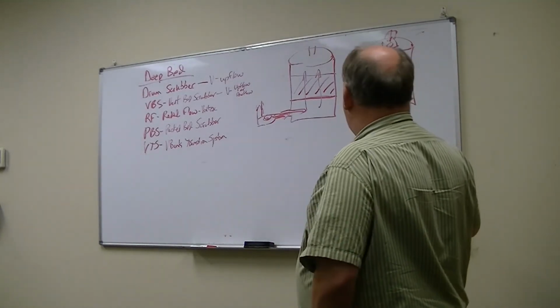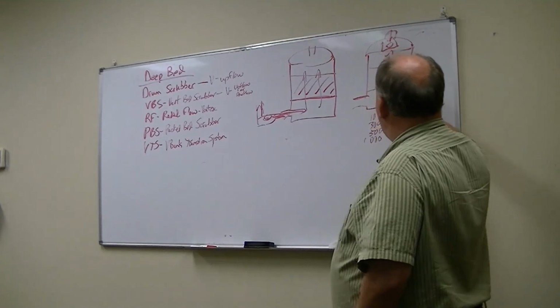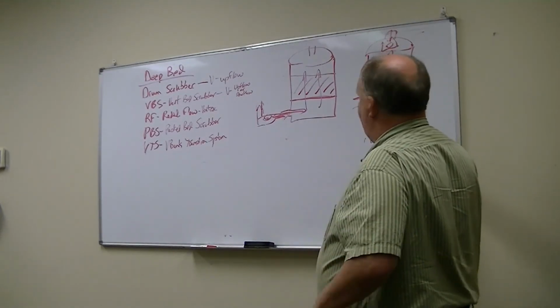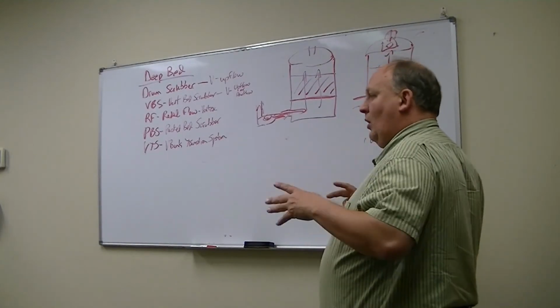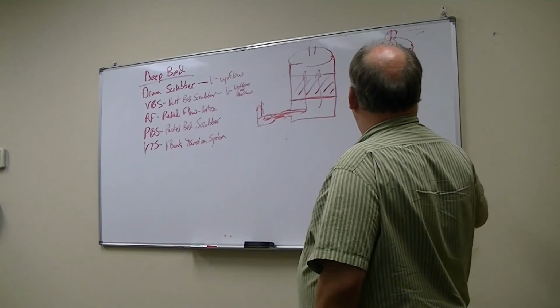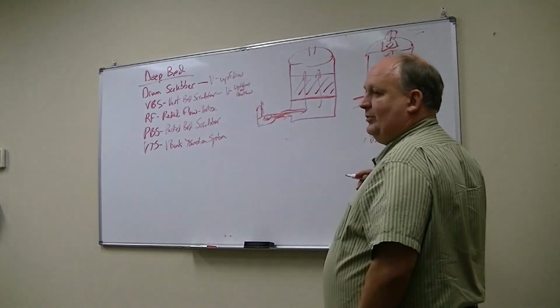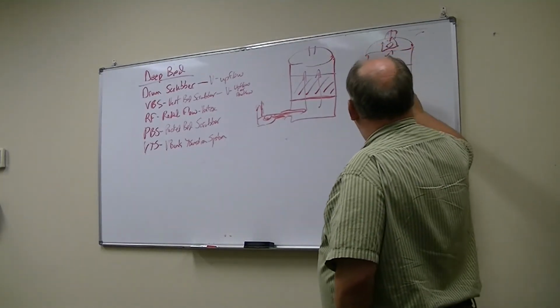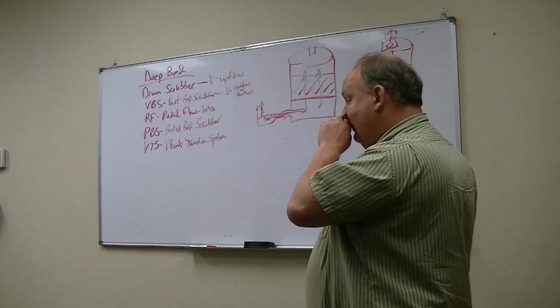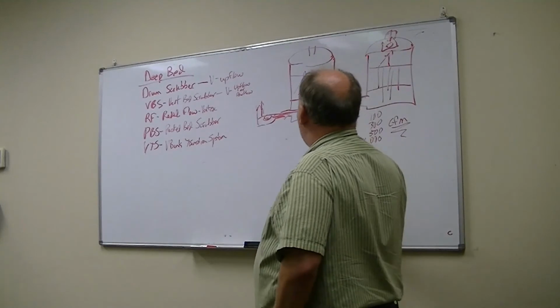So that's why we offer the drum scrubber. It's kind of easy to work on. Up to 1,000 CFM, we could put a blower on top that isn't too heavy, that you can manage to get off. And it's real simple to work with. Drum scrubber is always an upflow direction. Okay? So now we've got the VBS.